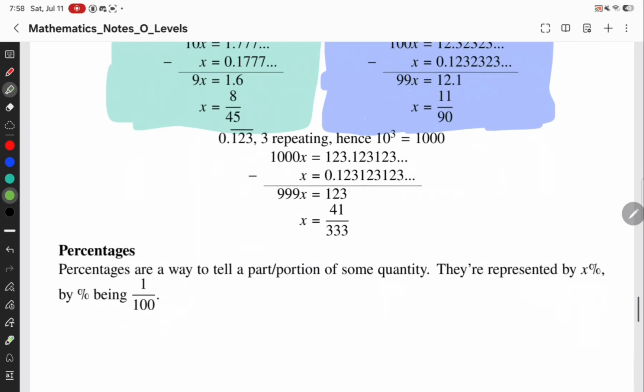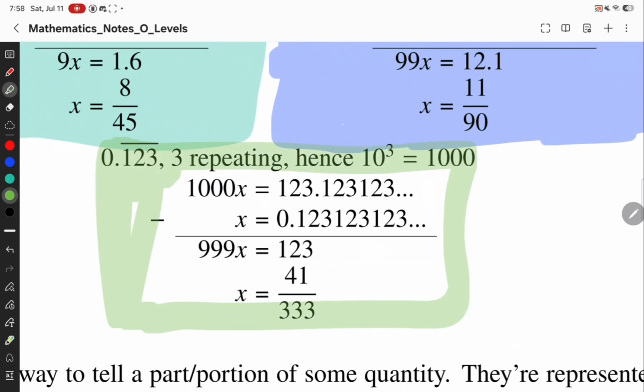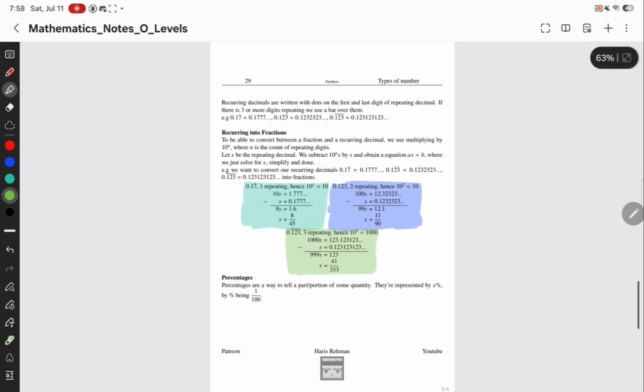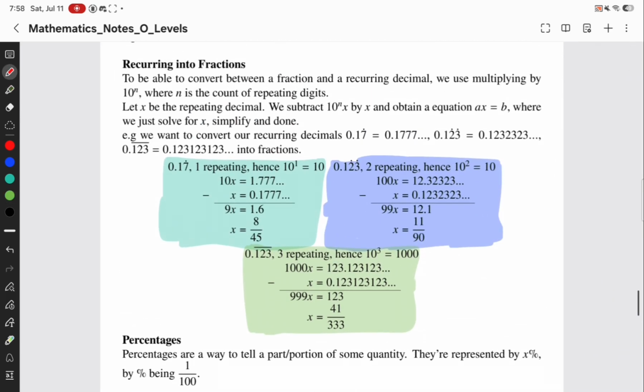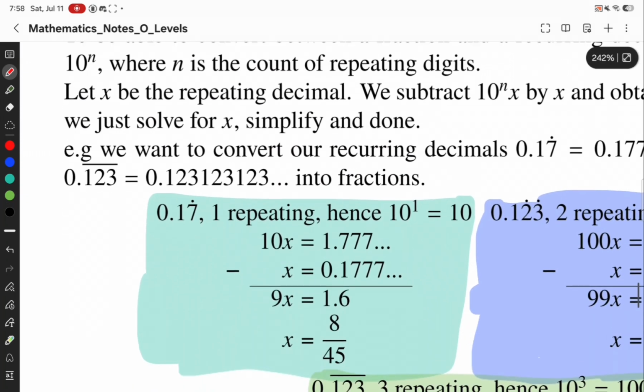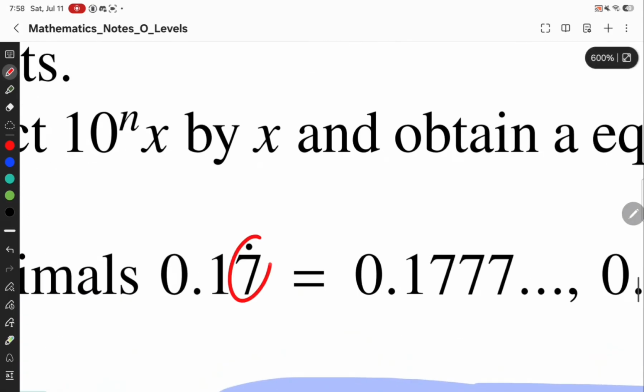And we can have this be green. There, I think this works much better. So, example, we have 0.17. We see that there is only one digit repeating.